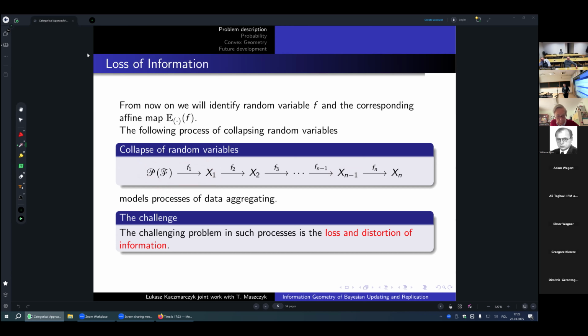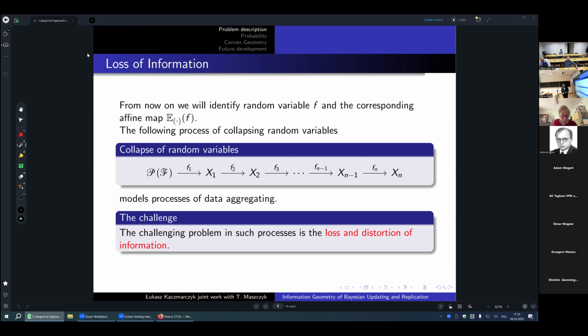We can also look at it like that by simply composing all these arrows around here, but each step here is simply called the collapse random variable, and this will be our model for data aggregation.